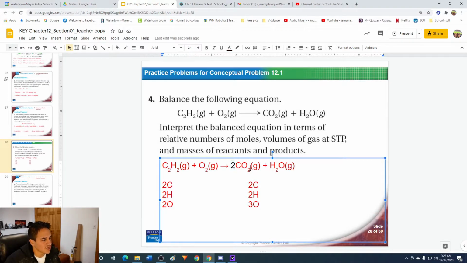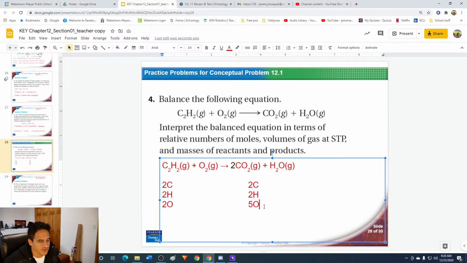That is going to multiply these oxygens here by 2. So 2 times 2 will give us 4 oxygens right there, plus the 1 we already had here on the right. So that's now going to be a total of 5. Now the carbons are balanced because we put a 2 there, and our oxygens, however, are not balanced, but we haven't really tried to balance them yet. Hydrogens are still good. Now we got to fix the oxygens.